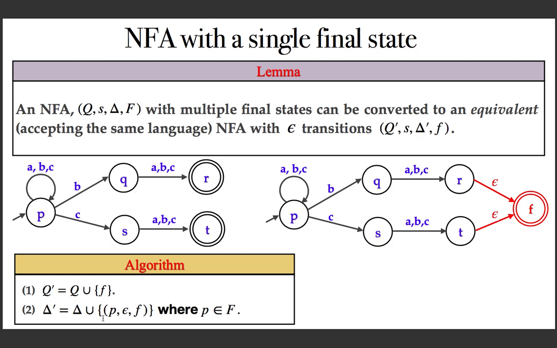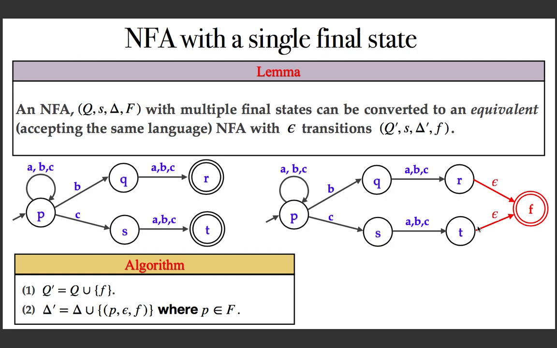And to the existing transitions, we added these new epsilon edges. From all the existing final states P in F, these two in this particular case, add an epsilon transition from a final state to the newly added final state with the label epsilon. So that's what we did.